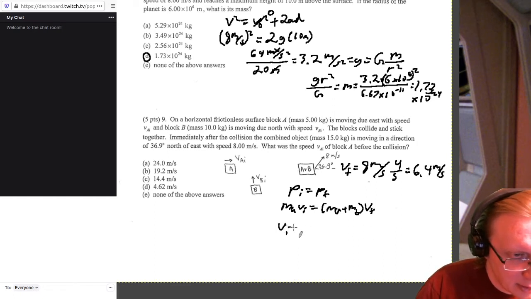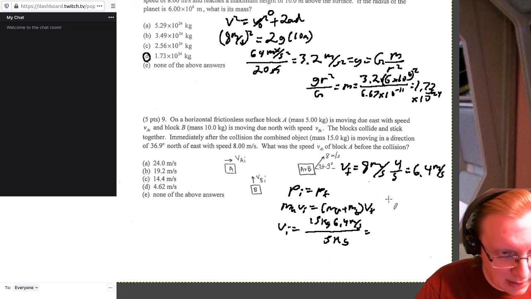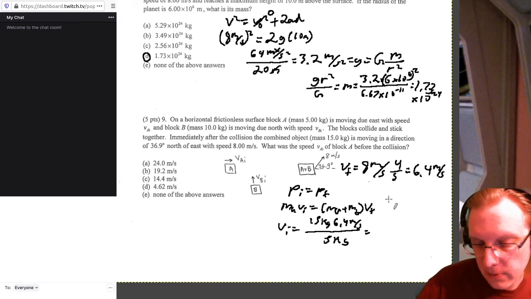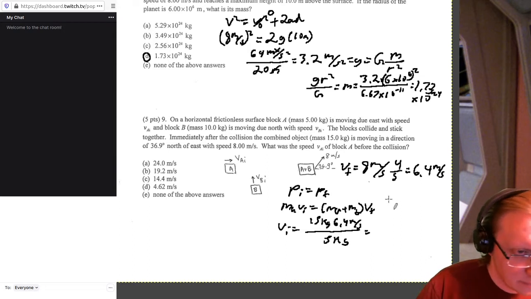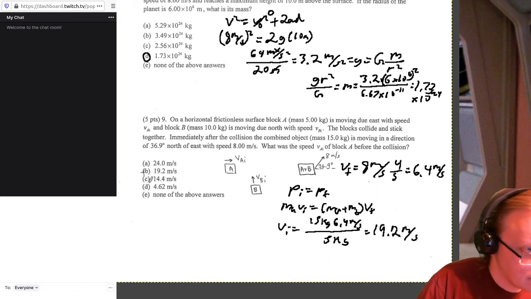So V initial is equal to 15 kilos, 6.4 meters per second, divided by 5 kilograms. So that's 3 times that number there. Times 3, 19.2 meters per second.